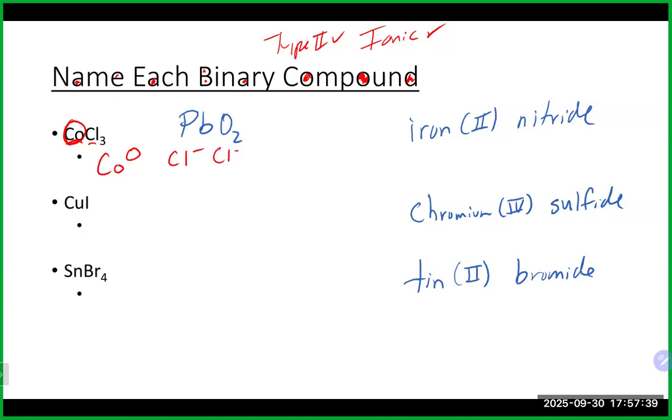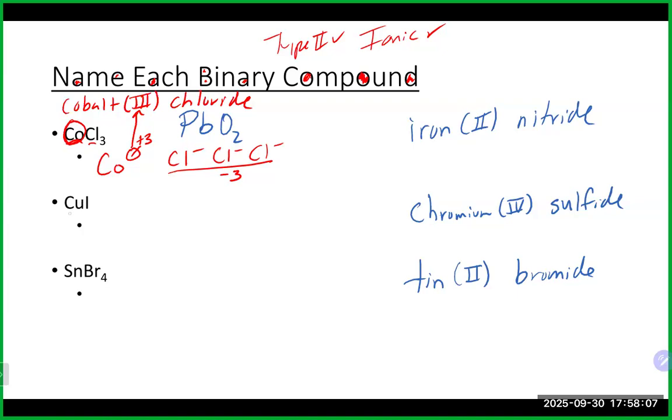There are 1, 2, and 3 of these chlorides, which gives you a -3. That means my cobalt is +3, and that's all I need here. So this would be cobalt, Roman numeral 3 for the charge. And it doesn't matter how many you have, it's just going to be chloride at the end. Any questions on that one?